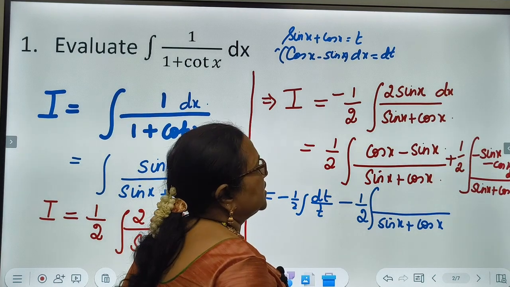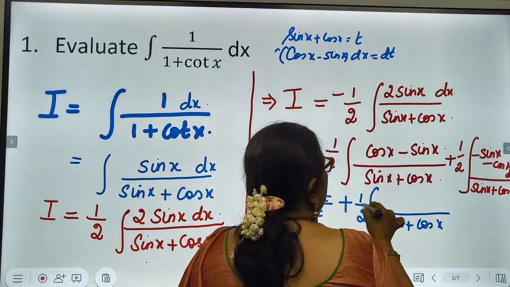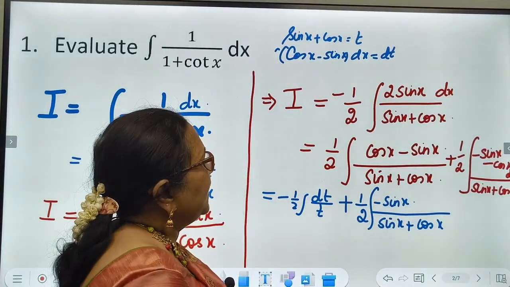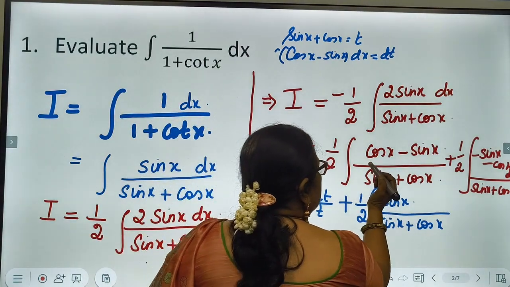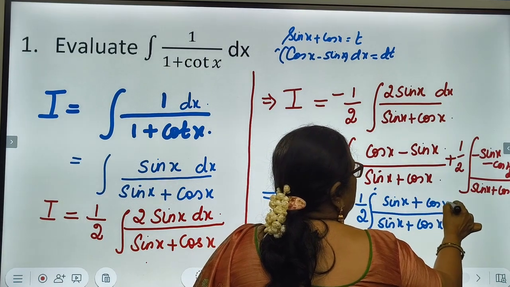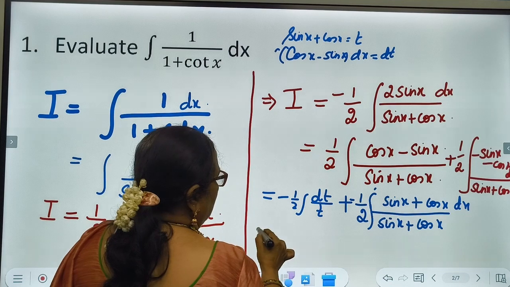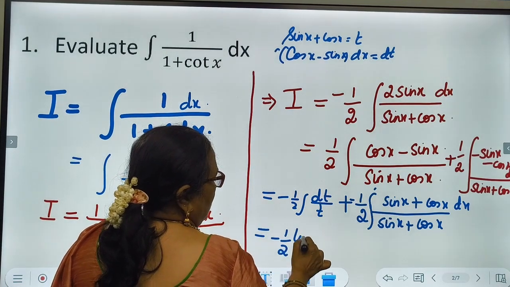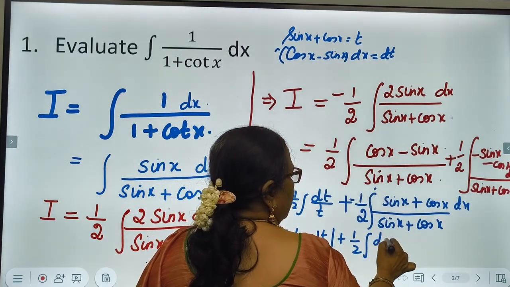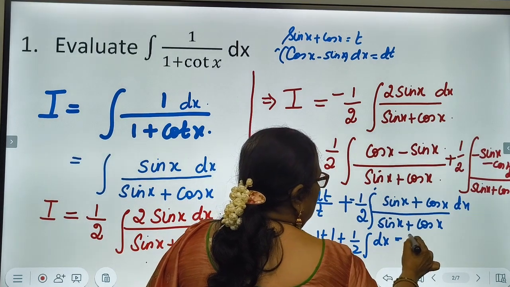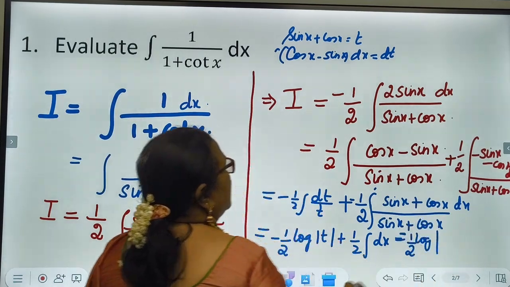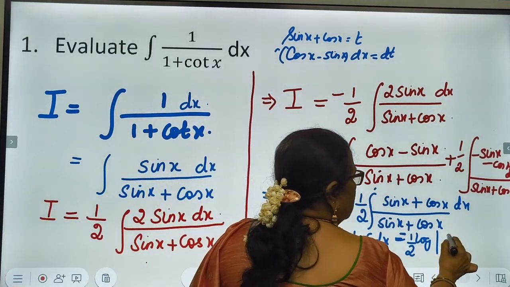Now derivative of cos x is minus sin x, so I already have minus sin x. Take out that minus outside, then it becomes sin x plus cos x. So this is 1. So minus half log mod t plus half into integral of dx, which is equal to minus half log mod sin x plus cos x.